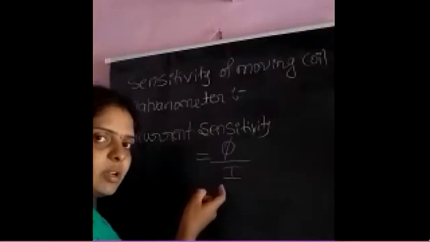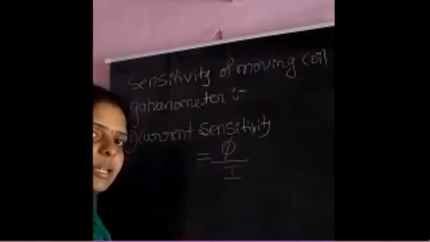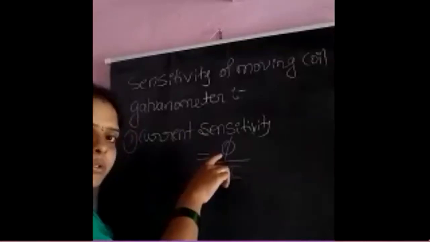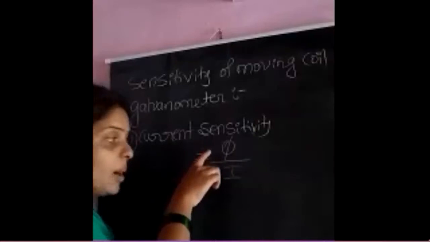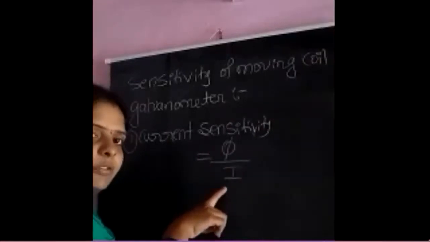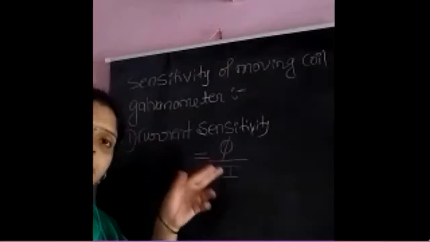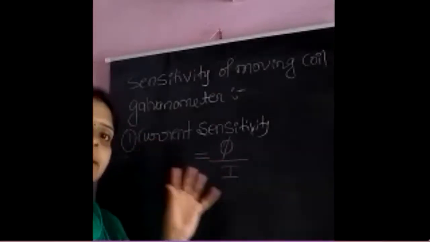Simple definition: current sensitivity is the deflection produced in the galvanometer per unit current flowing through it. The ratio of this is called current sensitivity.